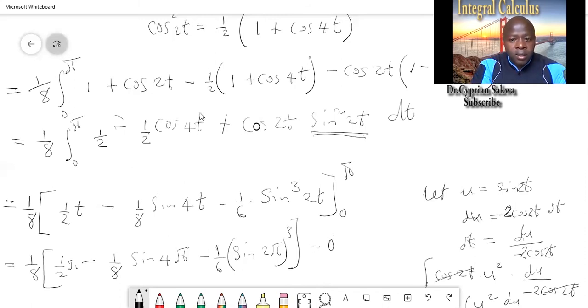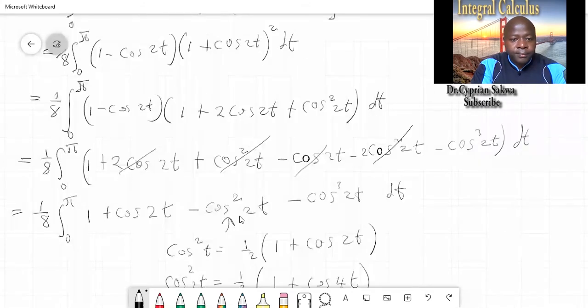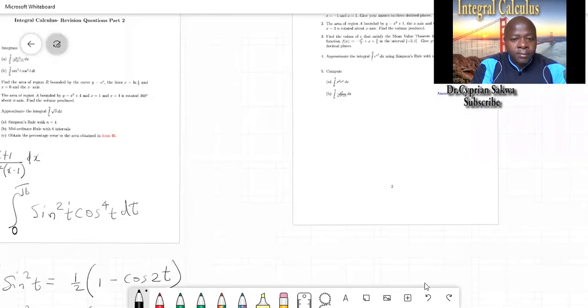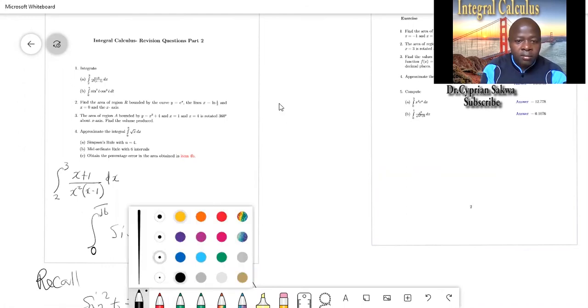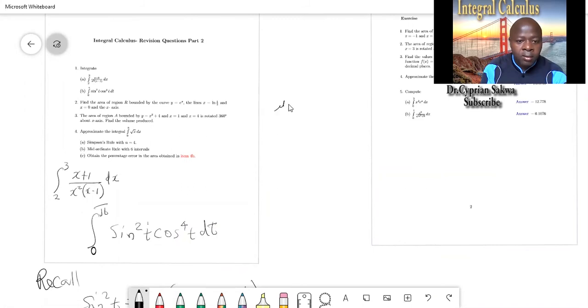Okay, let's look at the other example. Find the area of region R, which is bounded by y equals to e raised to x, and then bounded by lines x equals to ln of a half and x equals to 0, and then the x-axis.